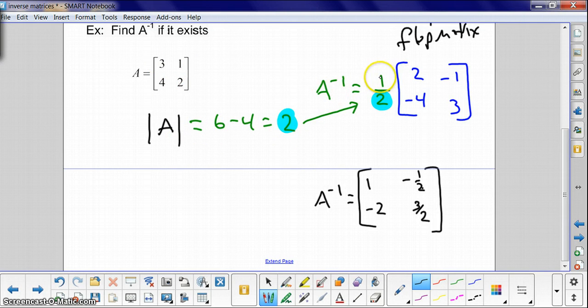So to find the inverse, I do 1 over the determinant, which is going to become a scalar multiplication, multiplied by the flippy-flop matrix. Switched the 2 and the 3, made the 1 and the 4 negatives, and now I perform the scalar multiplication: 1/2 times 2, 1/2 times negative 1, 1/2 times negative 4, and 1/2 times 3. This is my inverse matrix. If I multiplied A times A inverse, I would get, boom, boom, boom, the identity matrix, 1, 0, 0, 1.